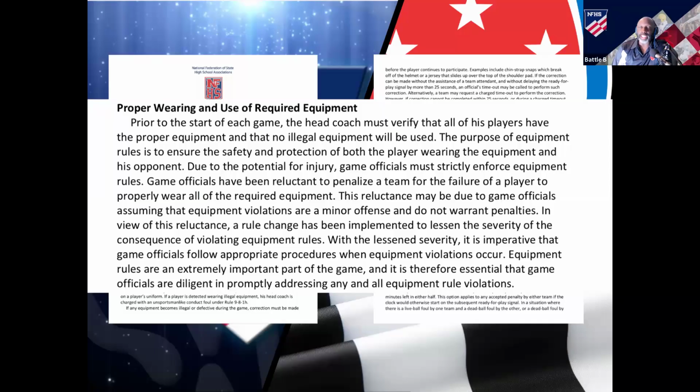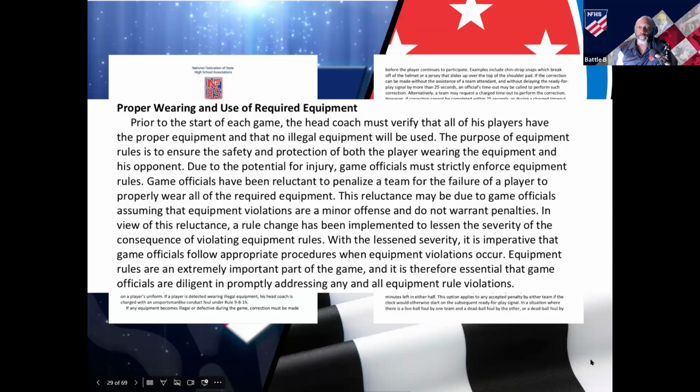Before 2018, the referee asked the head coach, are your players legally equipped? And the coach would say, yes, obviously. But now there's an addition to that. Are your players properly equipped and that no illegal equipment will be used? That's very important. So that's actually what you're supposed to say when you're asking the coach to verify their players are legally equipped.